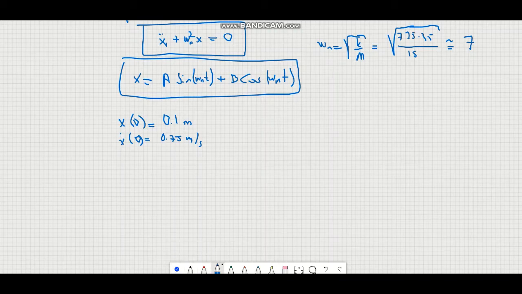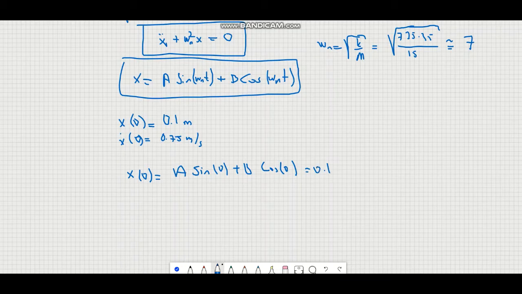So how are we gonna solve? We are gonna say, okay, if I plug 0 instead of t, what will I get? x(0) is equal to a sine 0 plus b cosine 0 is equal to 0.1, right?